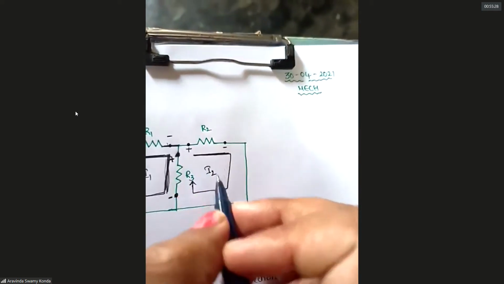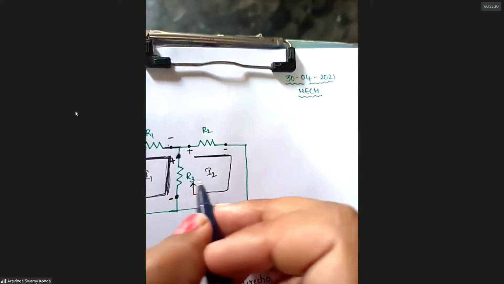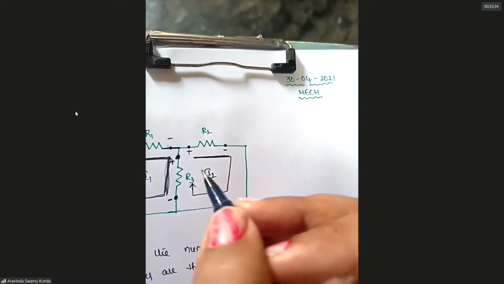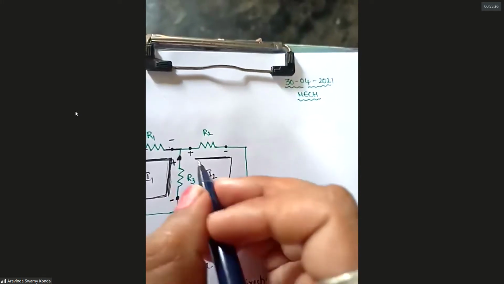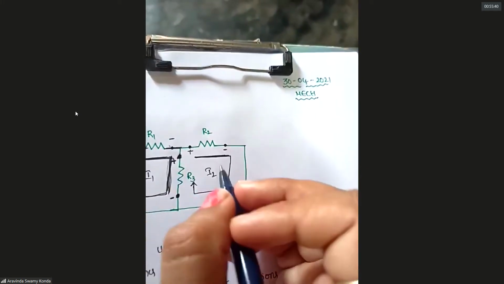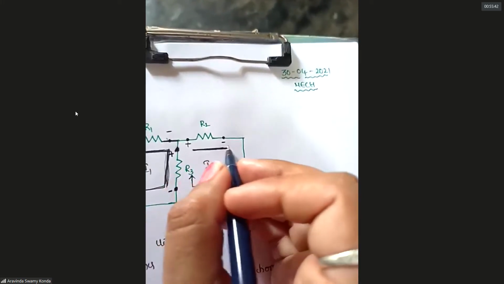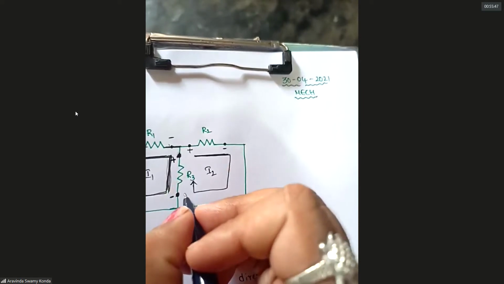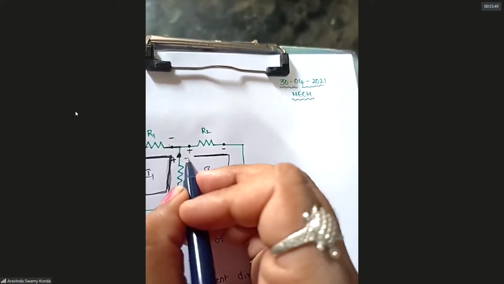If you are in this mesh, you want to give the signs for the R3 element according to these current directions also. So whatever current directions we use will be useful for that mesh. The current direction goes this way, entering here and leaving here.